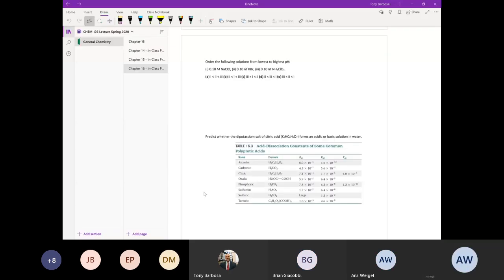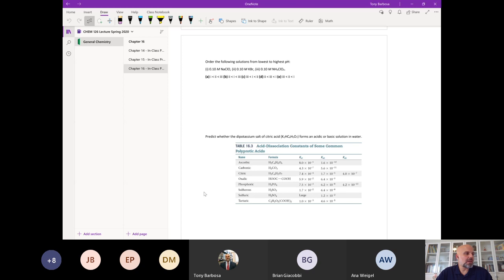Here's the problem set right there on the screen. To tell whether it's a strong or a weak acid, you just look at the chart. Yes, correct. We're going to have a chart, and you're going to look at the chart to determine whether or not it's a strong or a weak acid.